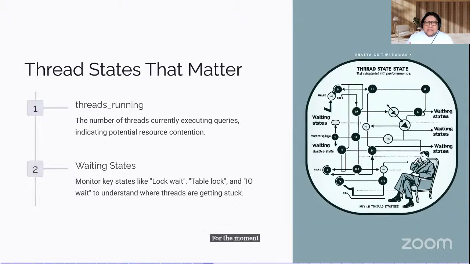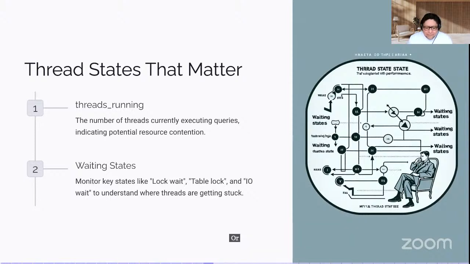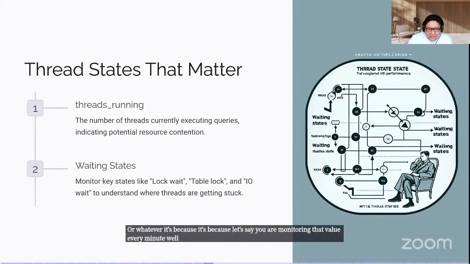That's why you see databases that have 10,000 or 30,000 queries per second, but the connections are like 50 or something like that. And you say, oh, the math doesn't add up. It's because, let's say you are monitoring that value every 60 seconds, and each second can have a lot of queries.